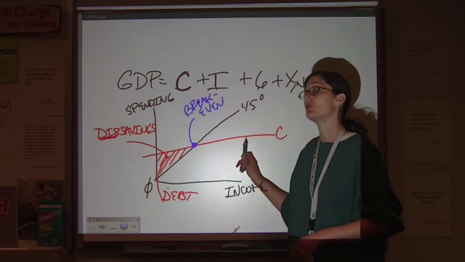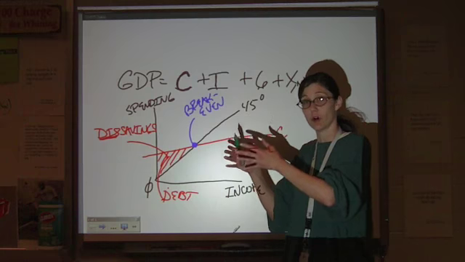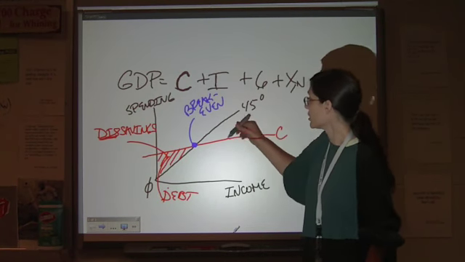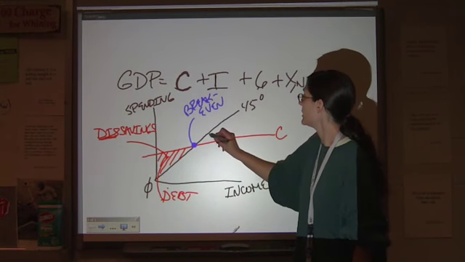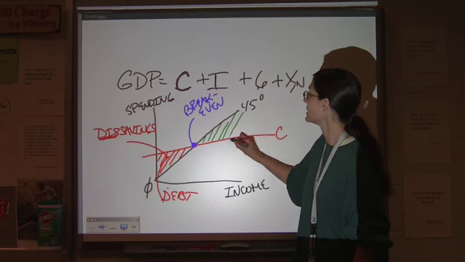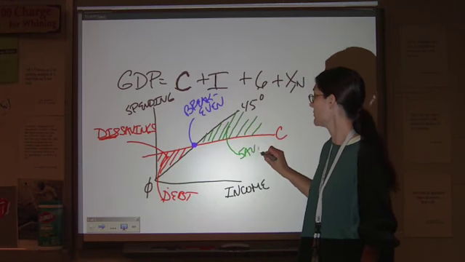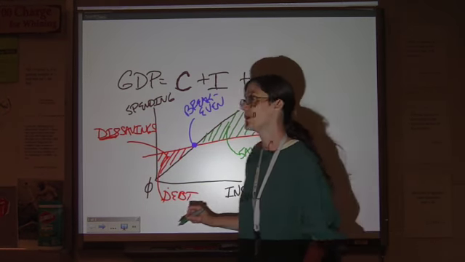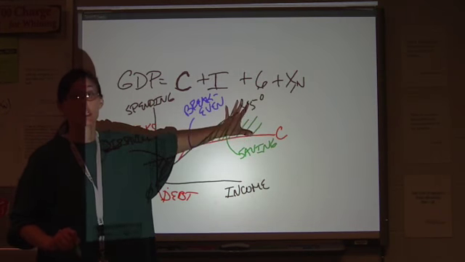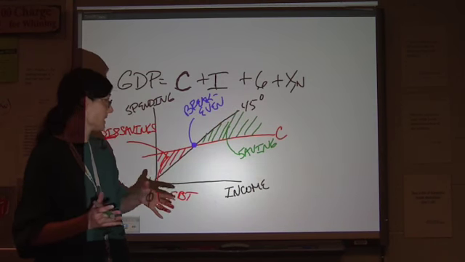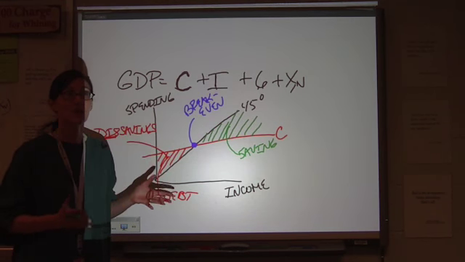As income continues to increase, which hopefully happens over the lives of many earners as they kind of move along in their careers, your reference line is above your consumption function, or above line C here. That says that we're actually spending less than we could be. This is where you are saving money. So we go from a situation of being in debt to breaking even to being in a position to save. Now what this tells us is that people at lower income levels are more likely to have debt.